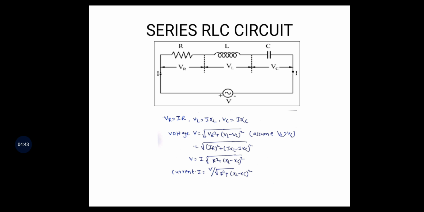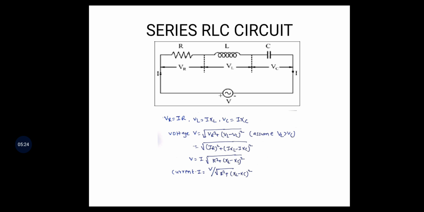If we assume VC is greater than VL, then voltage V equals the square root of VR squared plus VC minus VL whole squared. So if any element dominates, if L dominates, V equals the square root of VR squared plus VL minus VC whole squared. If C dominates, meaning the C value is more, then V equals the square root of VR squared plus VC minus VL whole squared. So here two cases are there.